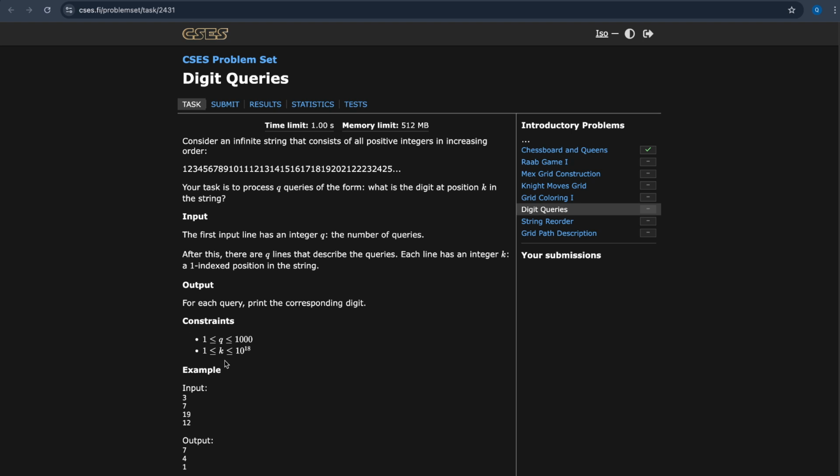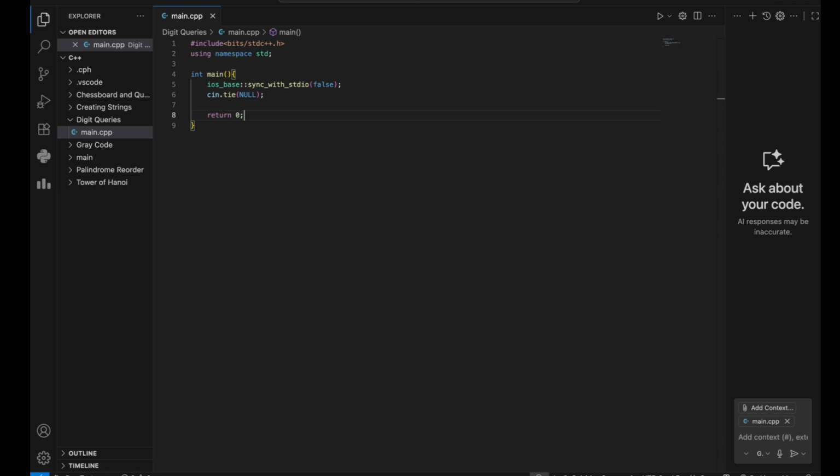Rather, I recommend the following solution. We can divide our infinite string into different blocks based on the number of digits the numbers have.